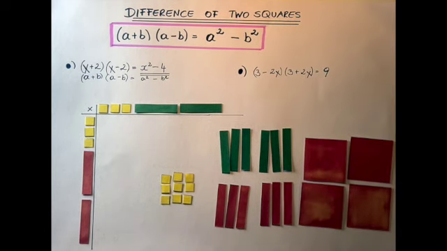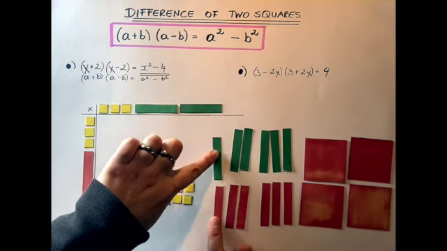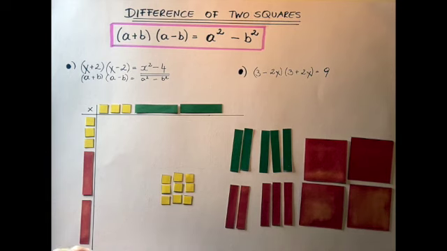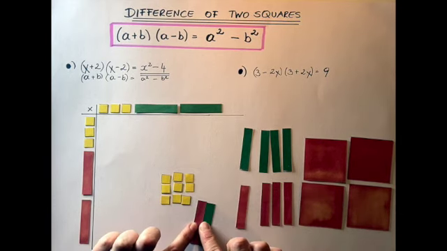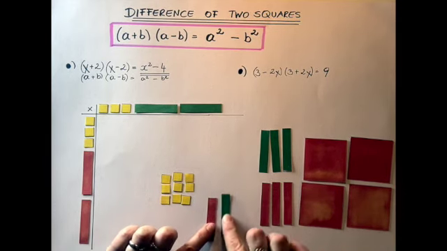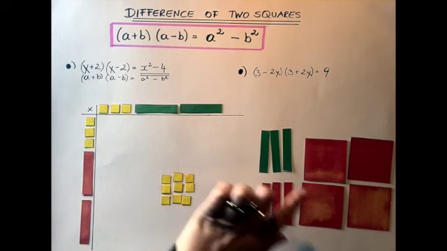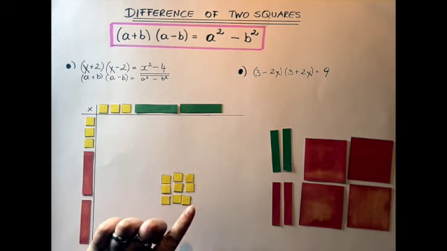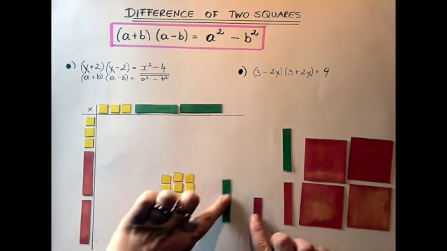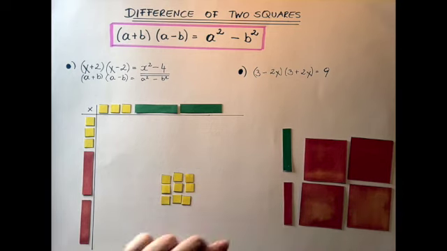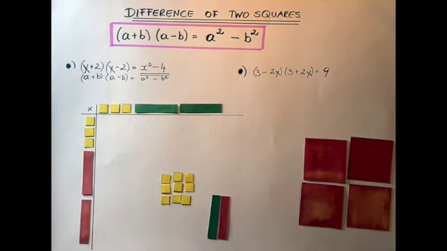And then comes the interesting part. We have 1 zero term. That's gone. We have another zero term. That's gone. And another one. And another one. x take away x is 0. And x take away x is 0 again.